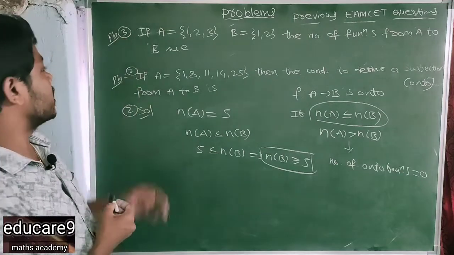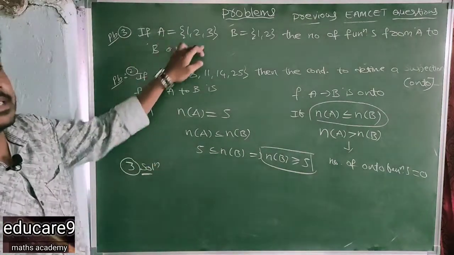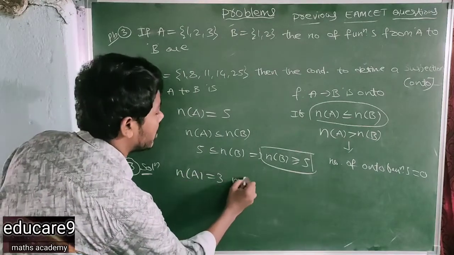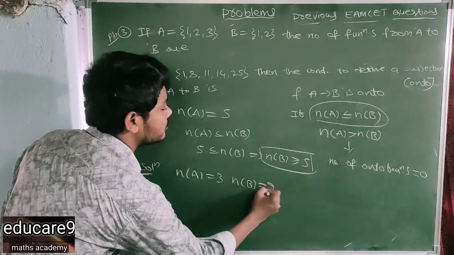And next, question number 3. Here the number of elements in A is 3 and the number of elements in B is 2.